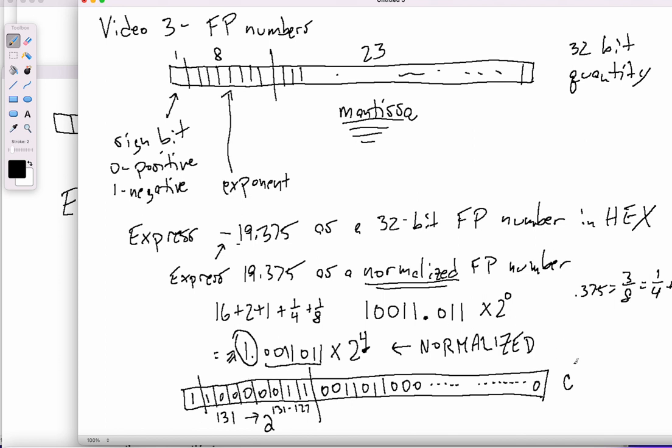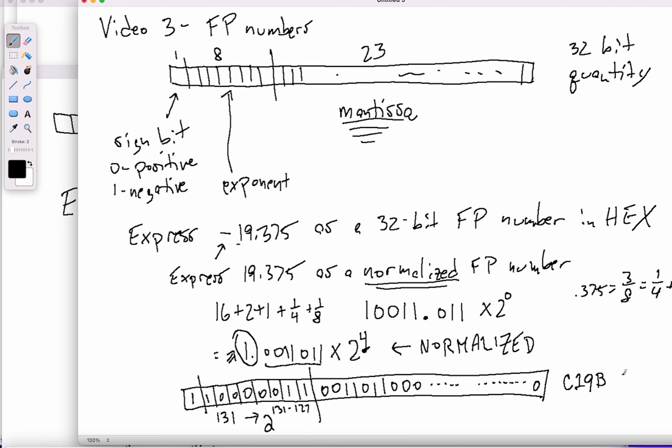That's a 1. Then that is 1, 2, 3, 4. Then that is 1, 2, 3, 4. That looks like an 8 plus 1 is a 9. Then 1, 2, 3, 4. Then it's 1, 2, 3, 4. That's 8, 9, 10, 11 is a B. And then it looks like it's 0 for the rest of the way.